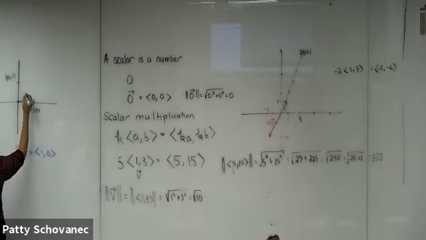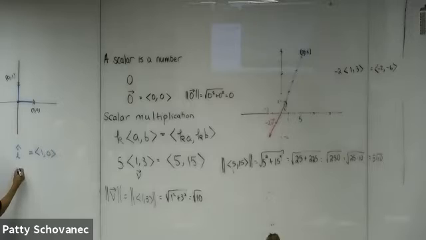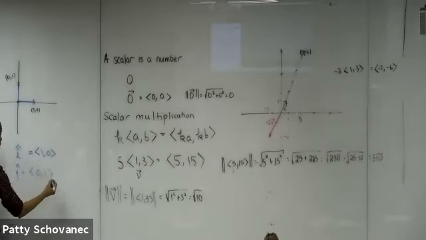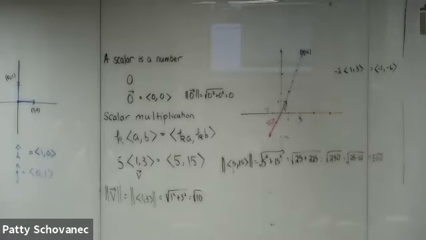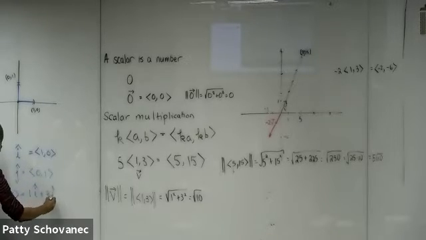The standard basis vector in the Y direction will be denoted J. And every vector in the XY plane can be written as a scalar multiple of those. For example, the vector 1, 3 looks like 1 times I plus 3 times J.